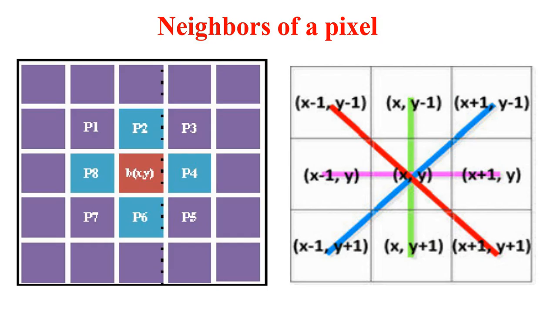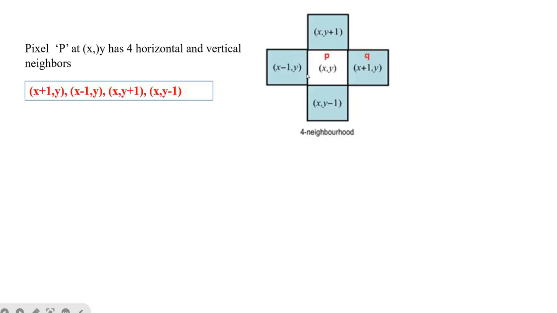Now next we will see the types of neighborhoods. First we have the 4 neighborhood. Suppose we have a pixel P whose coordinates are x comma y, and it has 4 horizontal and vertical neighbors, that is 2 horizontal and 2 vertical neighbors, which are represented like this.